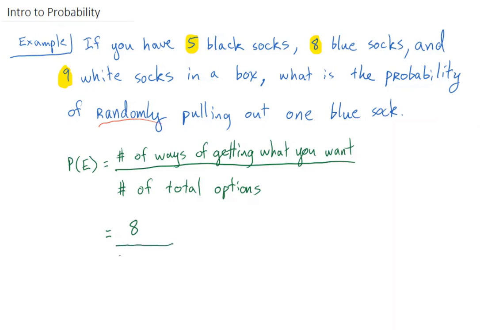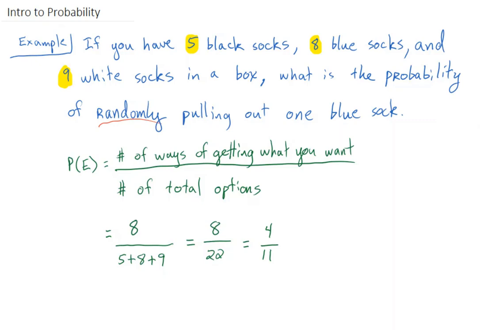And then the total options would be 5 plus 8 plus 9. When we add all those up, we get 8 over 22, and we can reduce that fraction by dividing 2 out of both the top and bottom, which gives us 4/11. So the probability of getting a blue sock in this case is 4/11.